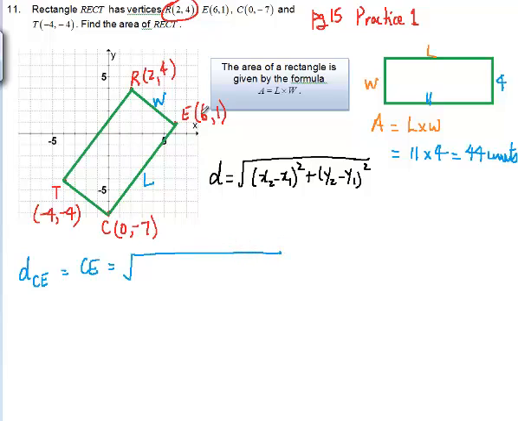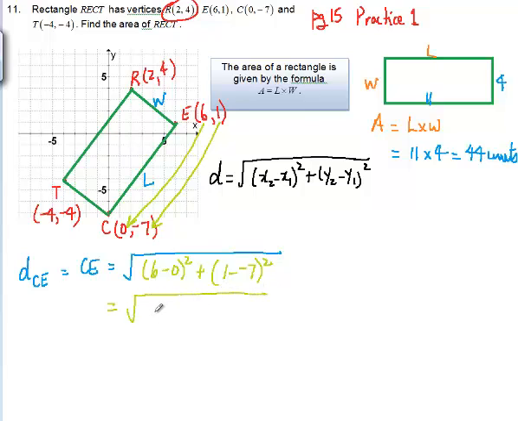Now for CE, I'm using these coordinates right here, so x2 minus x1 is 6 minus 0 all squared, plus y2 minus y1, so 1 subtract a negative 7. Be careful with the 2 minuses there.